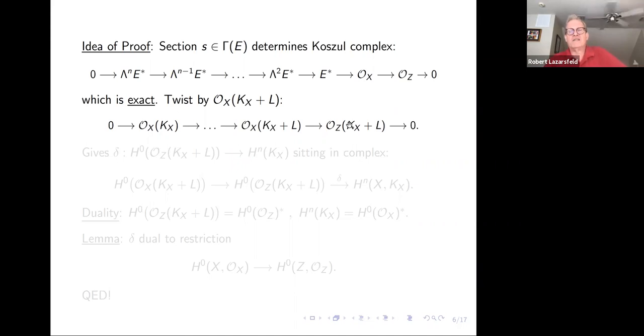Again omitting the last term for a minute, we have an acyclic complex of length n. It resolves this sheaf here, and the term on the left is just the canonical bundle. And that's a good sign.